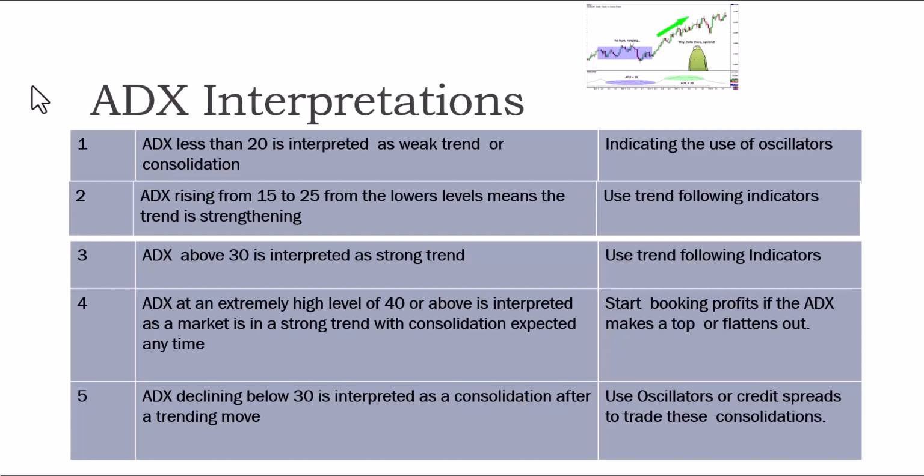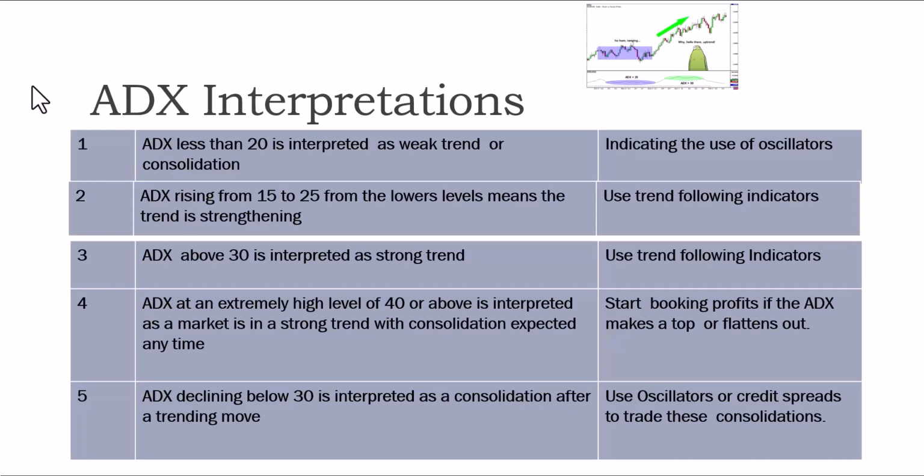That means if it is at a very low level, the market is consolidating. It's not trending. If ADX is rising from 15 to 25, it means the trend is strengthening. That means the trend is gaining momentum. Now, which way? It doesn't tell you whether the market is going down or going up. But it reaches a maximum of around the 40 level and then it falls down. Okay. Fine.